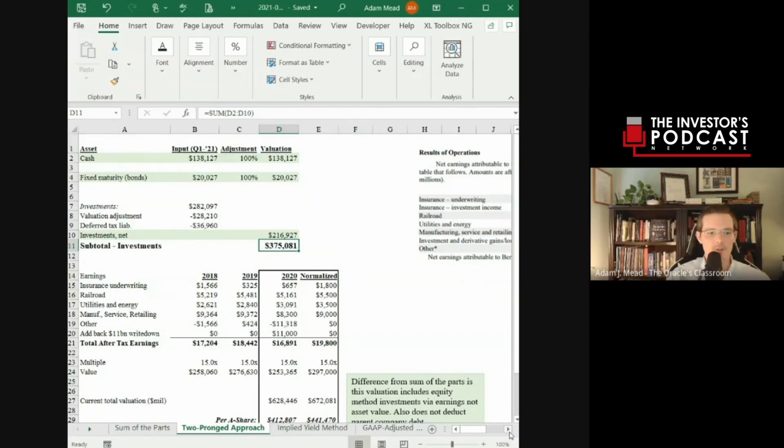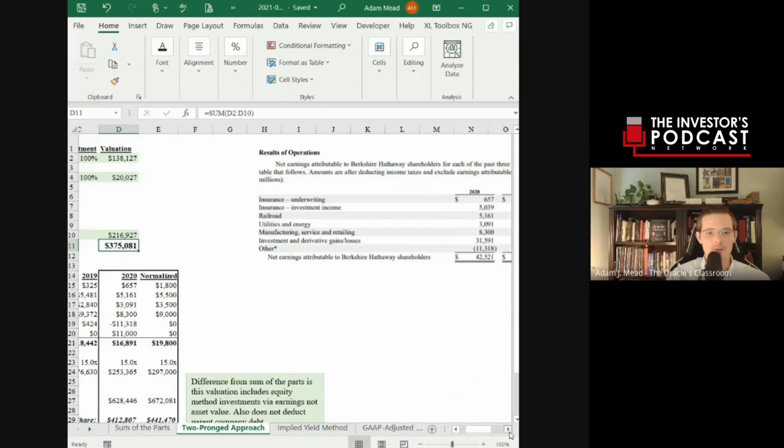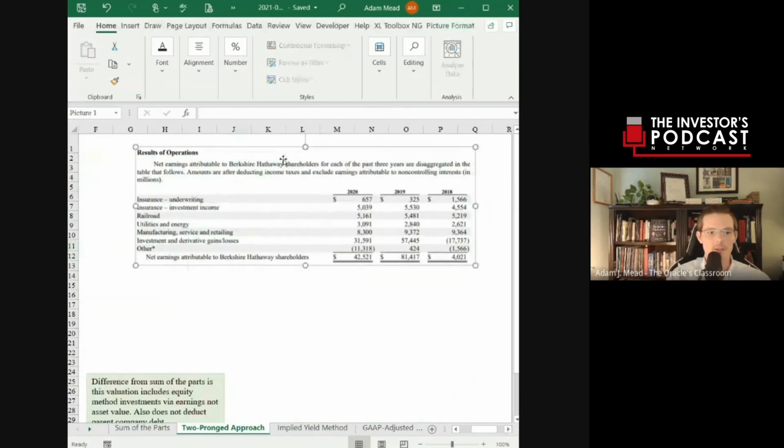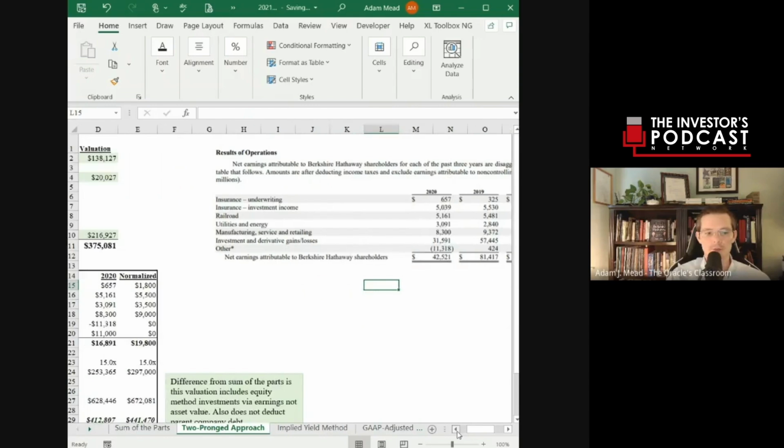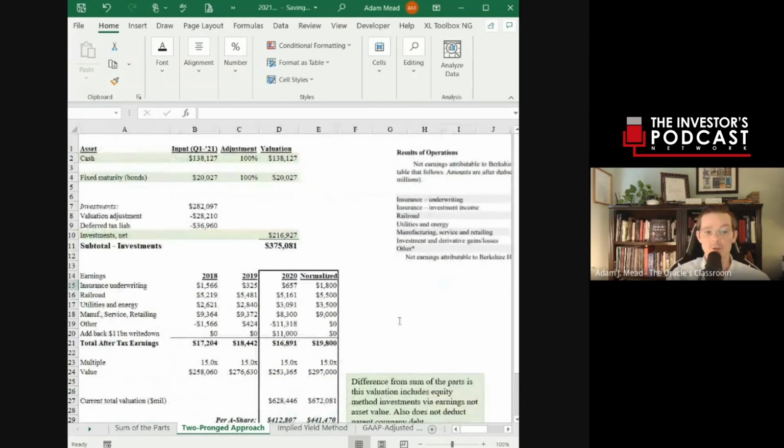and we can go to Berkshire's earnings. And so you can see this right here, results of operations. This comes right from, in this case, the 10K. For this approach I've used the year end figures just for simplicity's sake. What you could do, and what I do for my own, is map this quarter by quarter and then use a trailing 4-quarter approach.